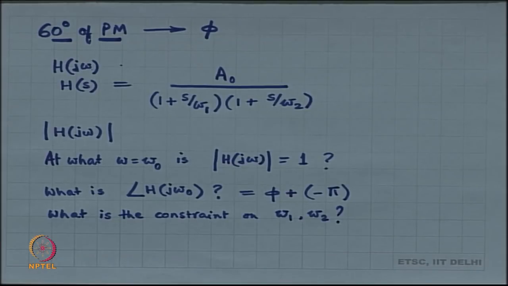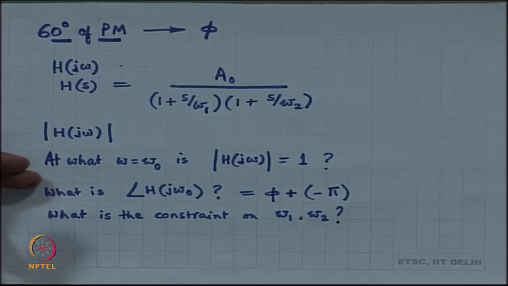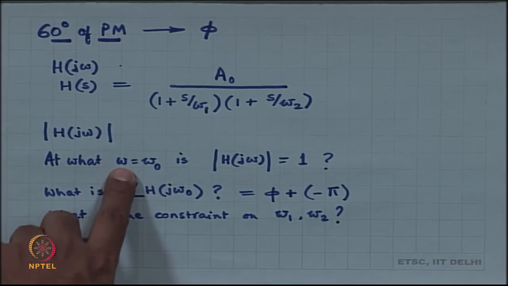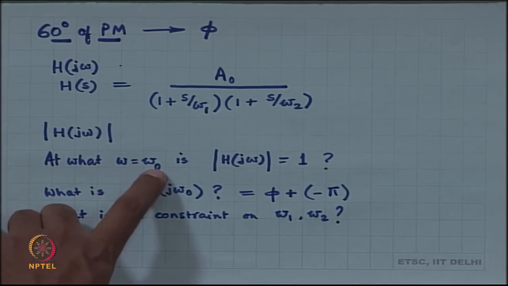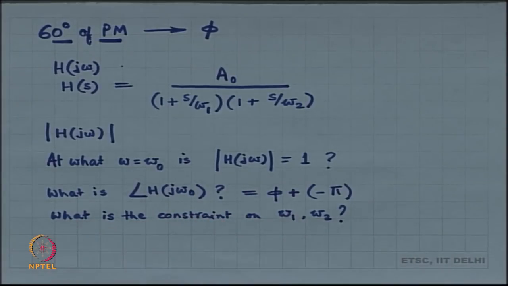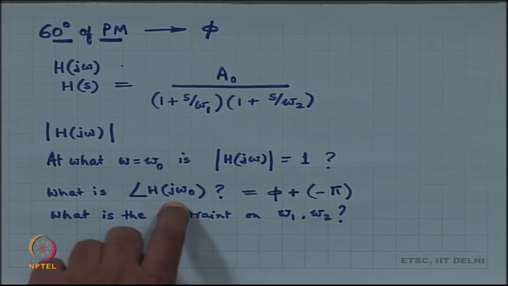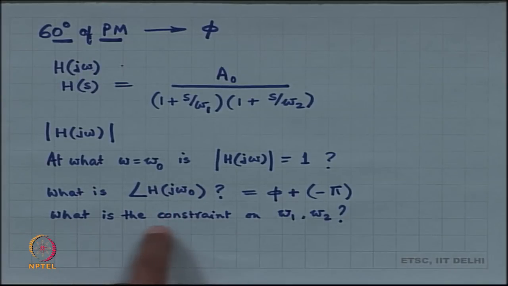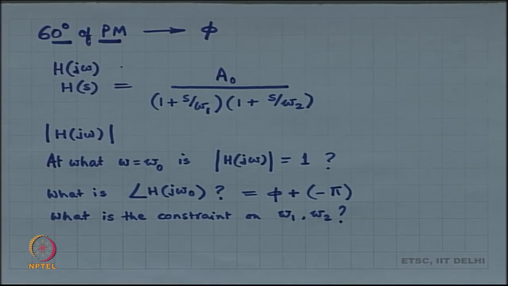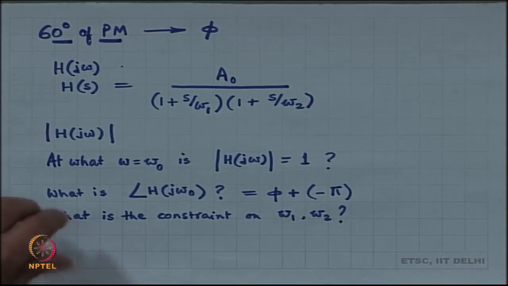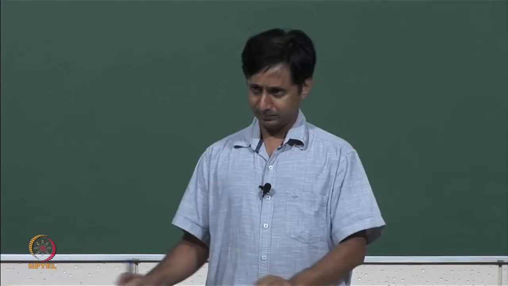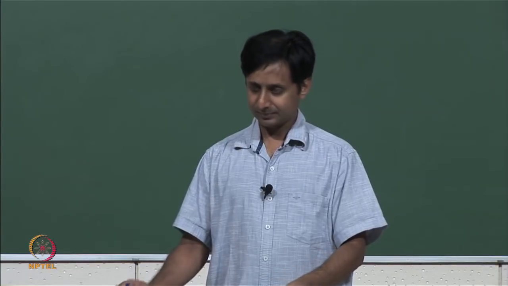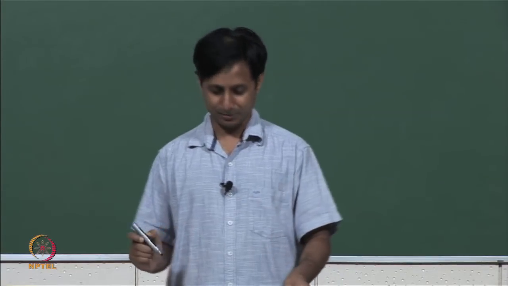So, this is what we are going to try to do right now. First we are going to answer this question, at what omega equal to omega naught is the modulus of H of j omega equal to 1. Then we are going to find the phase, then we are going to say what is the constraint on omega 1 and omega 2 such that the phase is equal to phi minus pi. This is how I am trying to set up the problem.